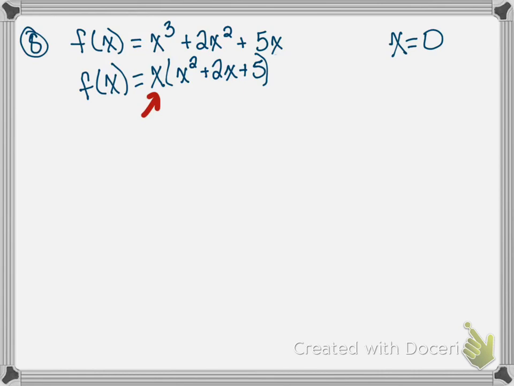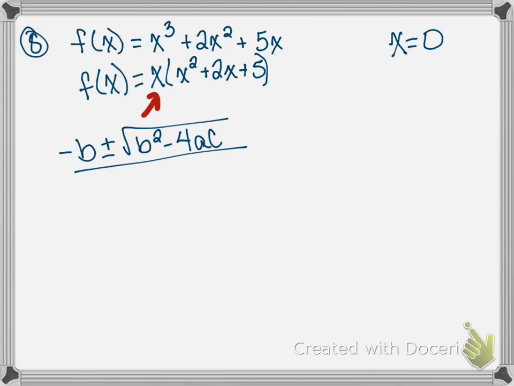We start focusing on this trinomial and the solutions to this trinomial, and we get caught up and we forget that x equals 0 was the first one that we found. So I'm going to do the quadratic formula. That's negative b plus or minus the square root of b squared minus 4ac, all over 2a.